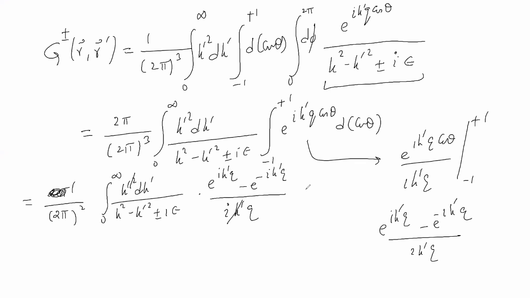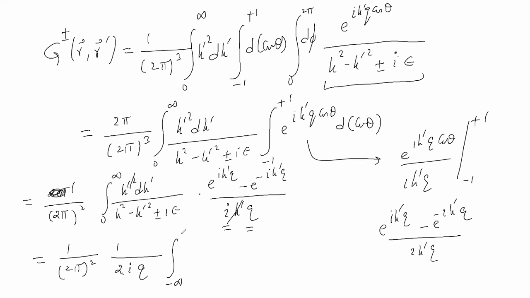I can write this expression equivalently as 1 over (2π)². I am bringing this iq outside and I am considering a factor of 2, because this integral 0 to infinity, I can put the limit minus infinity to plus infinity if I have a factor of 1 by 2 here.